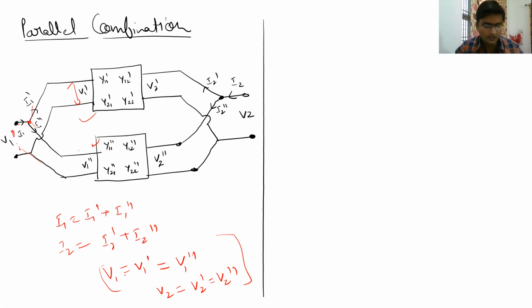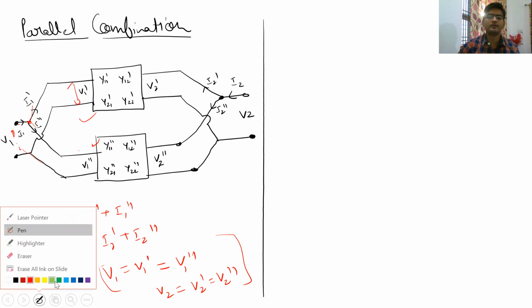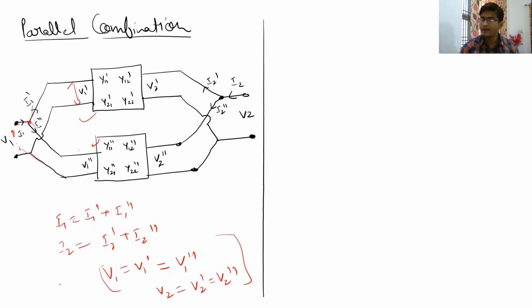So from general common sense, you can see that in series combination it was convenient for us to use Z parameters. So in parallel combination, where KCL equations are involved, it will be convenient for us to find the Y parameter. Similar to the definitions and derivations from where we found that the series combination results in the addition of all these Z parameter values, here also in parallel combination, we will get addition of Y parameters.